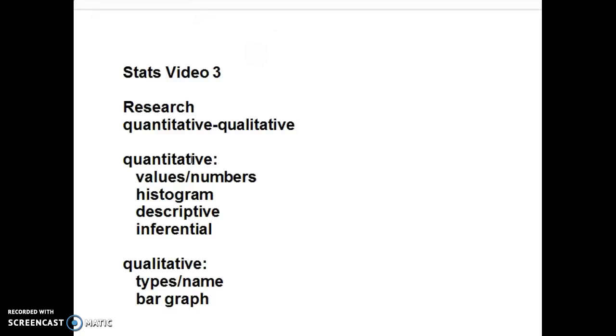Now, supposing we did have 50 trees, and we didn't want to measure all 50 trees to find the height of those trees, we would probably employ, and we will be doing a great deal of this, what is called inferential research. Inferential research infers after we have taken a sample size. Now, a sample size can be 5, 10, or 15.